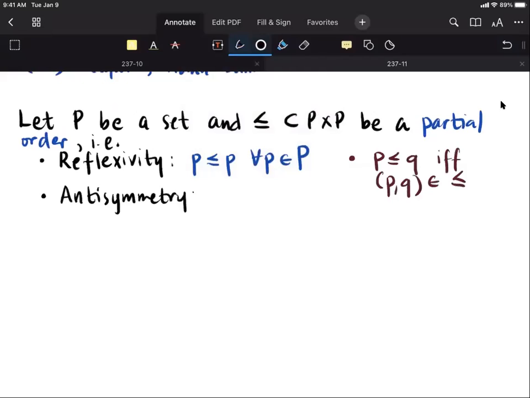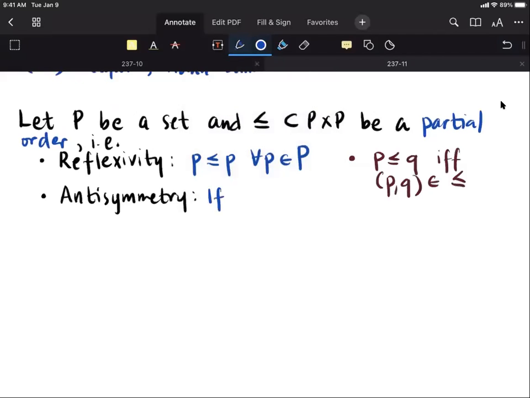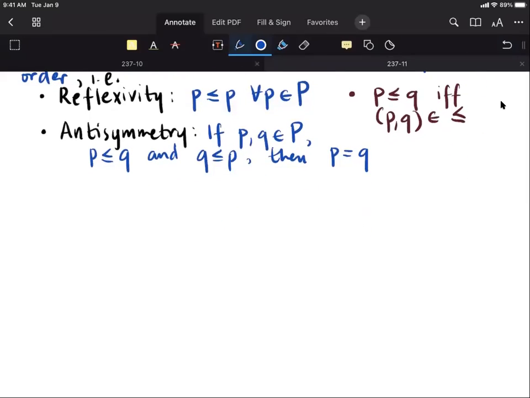Next, this relation must be anti-symmetric. So if P and Q are in P, and P is less than or equal to Q, and Q is less than or equal to P, then P must be the same as Q. And finally, it must be transitive.